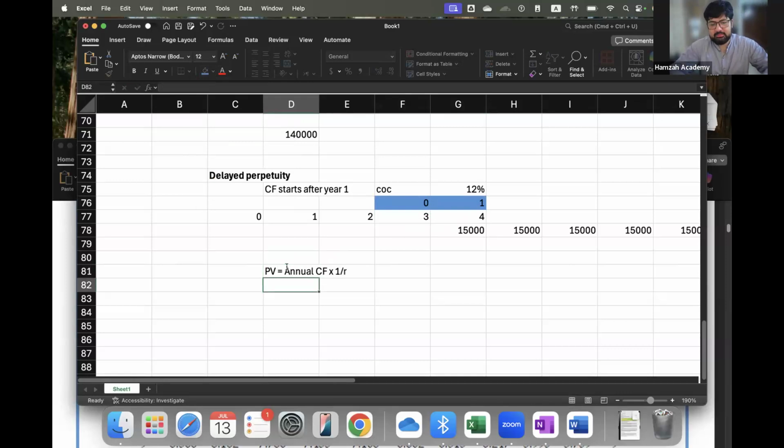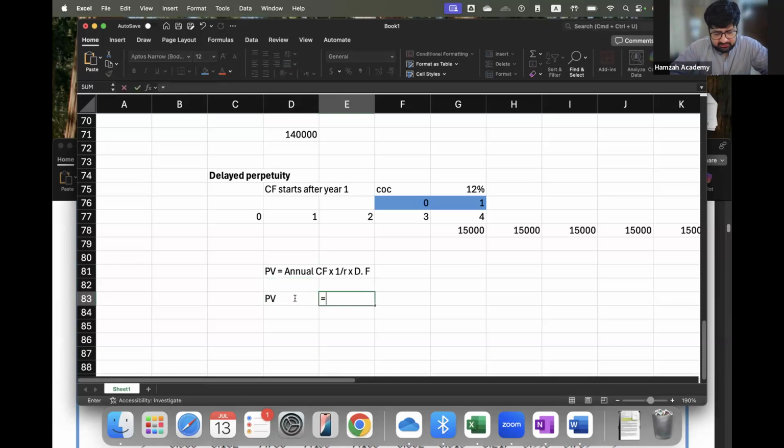One over R. So we need to take that amount to year 0. Again, discount factor for the remaining, for year 3 has been applied. So present value, same approach which we use for annuity.